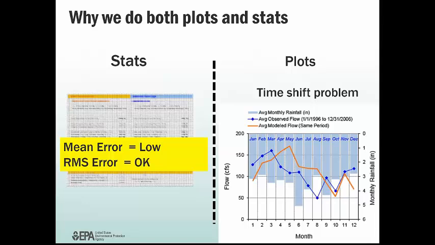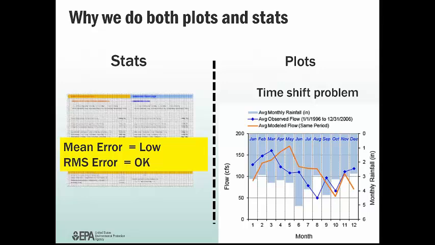The reason we do both plots and stats, one reason is that if you just do error statistics, it's possible that you're missing an error that you could spot on a plot. So for example, you might have decent mean error with a low bias. You might have a root mean square error that's okay. But that doesn't tell you what the plot might tell you.